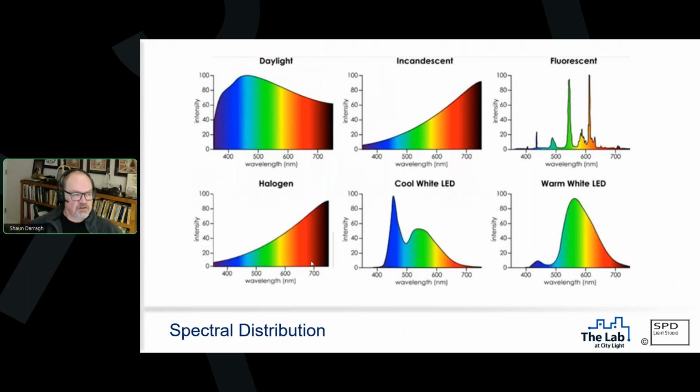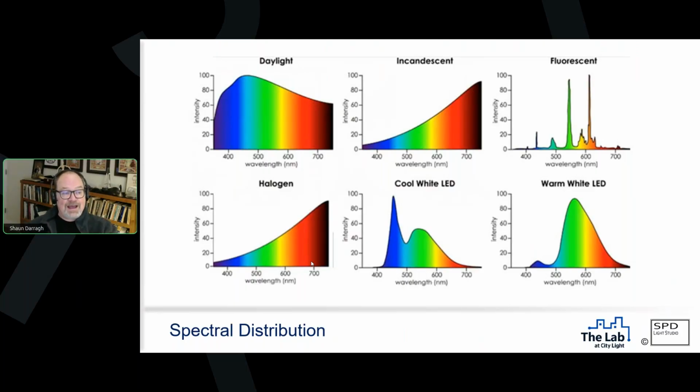So light, of course, depending on who you talk about, is either a packet phenomenon where photons strike our eyes and it's a particle phenomenon, or it's a wavelength electromagnetic spectrum phenomenon in which we have various wavelengths that correspond to red, green, and blue, or long, medium, and short wavelength receptors in our eyes that allow us to perceive color.